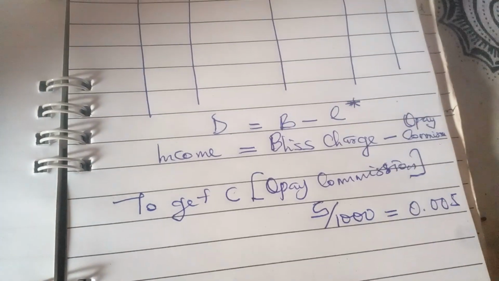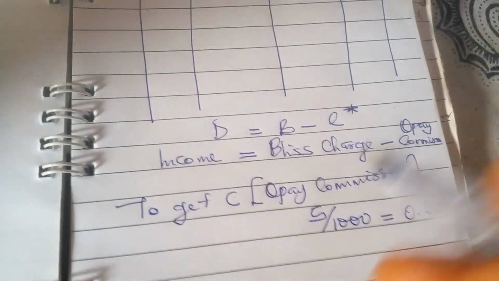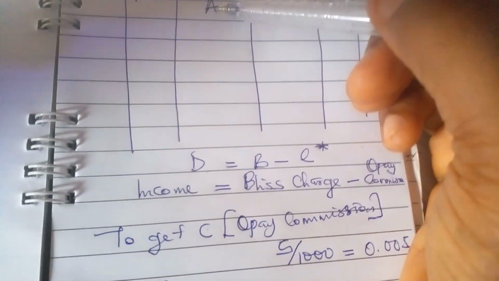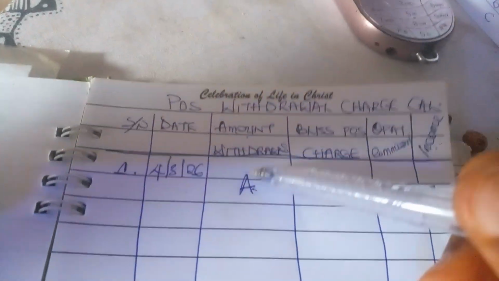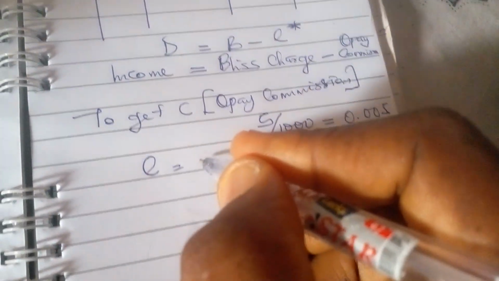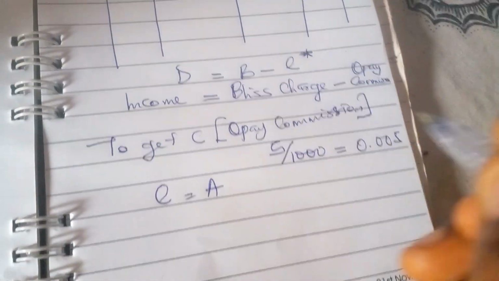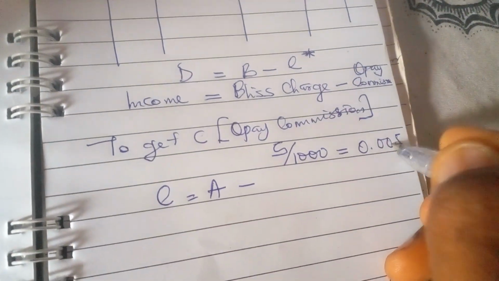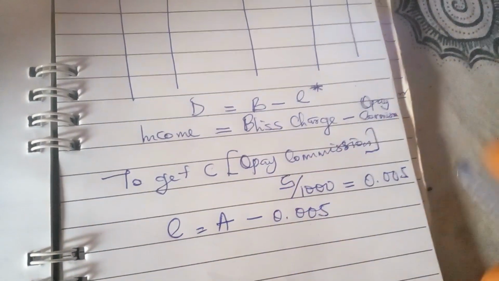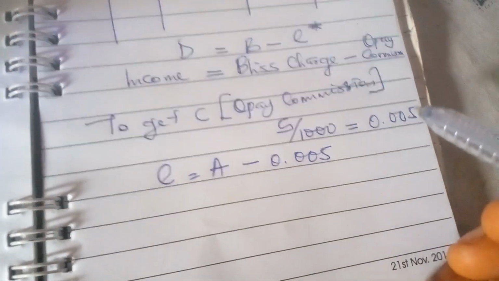Keep that. It's not your C. Our C now is, C will be our A. How much did the person withdraw? A is our A. Your C now will be your A minus this 0.005. That is what your POS merchant is using to charge you, 0.005.